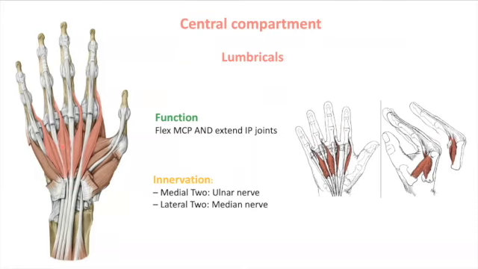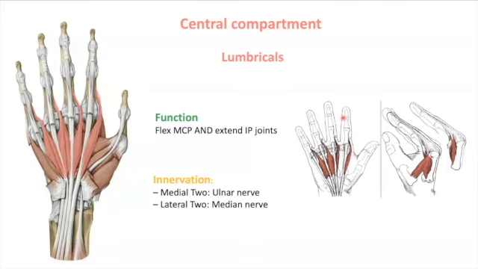So the lumbricals originate from the tendon of this muscle. And they are inserted into the extensor expansion of the medial four digits. As you see here, on the extensor expansion of the medial four digits, we have a connective tissue, which is known as extensor expansion hood. So this muscle inserts into this hood.